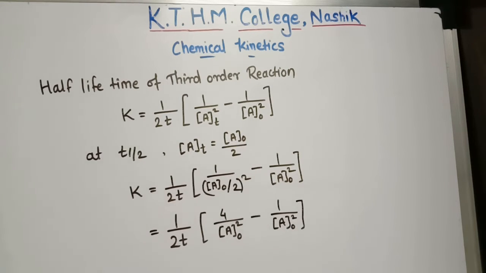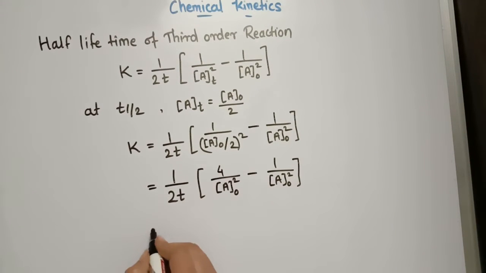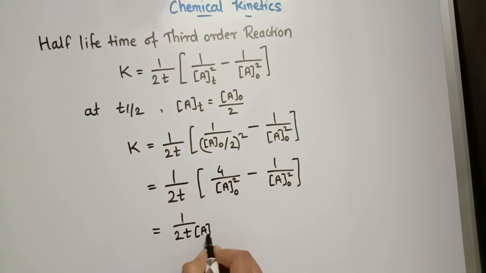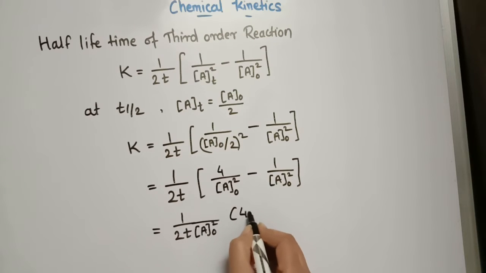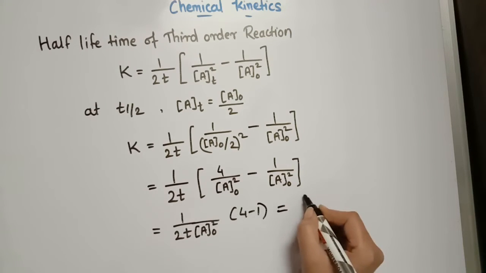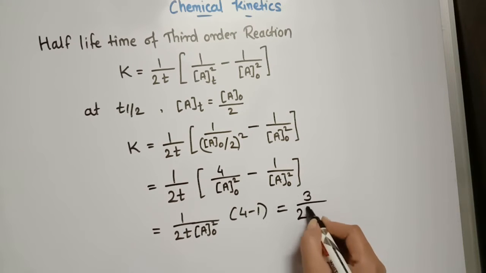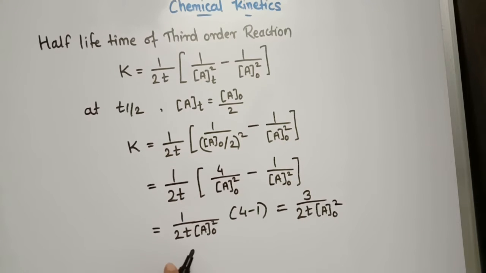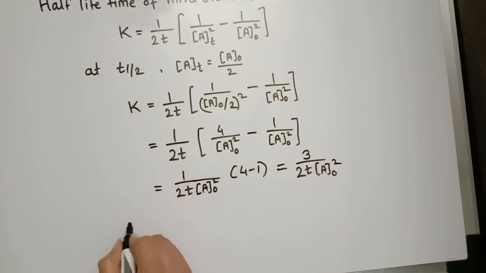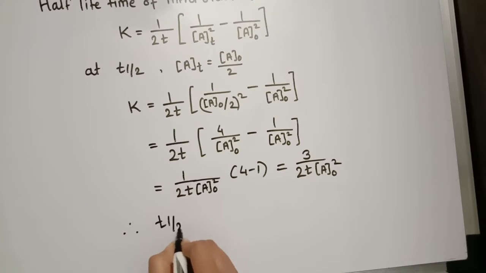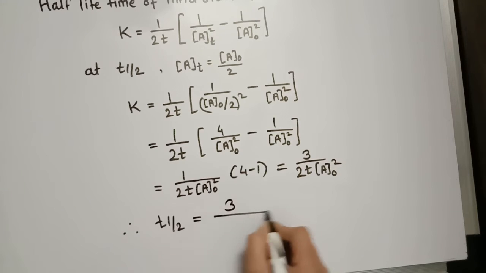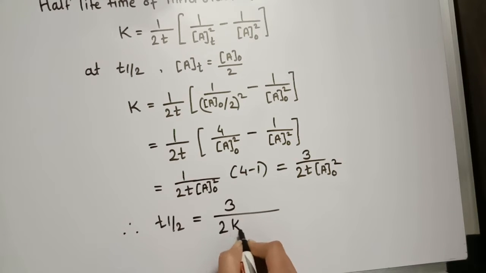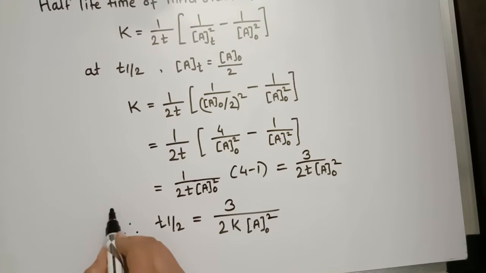So 1 upon A naught square can be taken as common outside the bracket: 1 upon 2t into A naught square into bracket 4 minus 1, which is equal to 3 upon 2t into A naught square. So therefore t 1/2 is equal to 3 upon 2k into square of initial concentration. Okay.